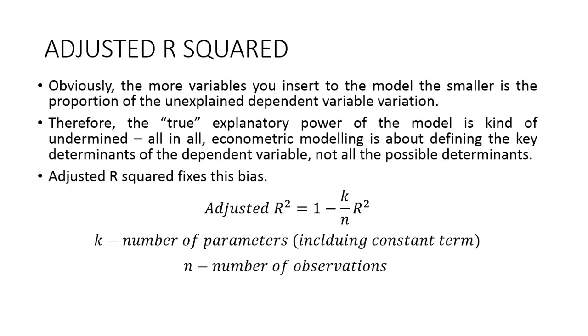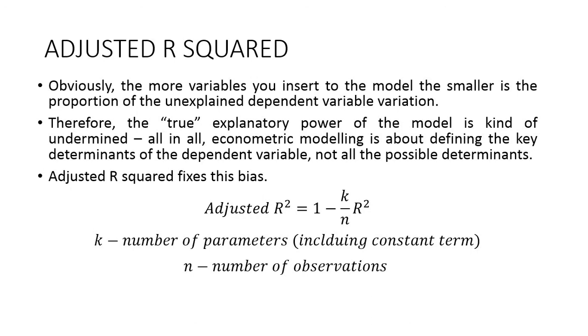So obviously, the more independent variables you add, the bigger will be the proportion of explained variation, and accordingly the smaller the proportion of unexplained variation. But the problem is that there are many potentially important determinants of any dependent variable. For instance, when it comes to the child mortality rate, you can also think about the number of doctors per 1,000 inhabitants, probably the quality of nutrition, climate, and so on and so forth.